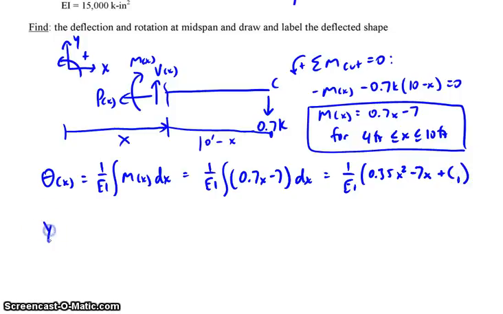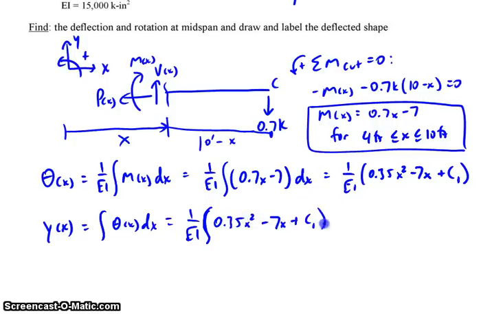We're going to integrate again to get our function for y of x, which is displacement, and this is equal to the integral of what we just got, which was the slope, with respect to x. So it'll be 1 over EI out in front times the integral of 0.35x squared minus 7x plus C1.